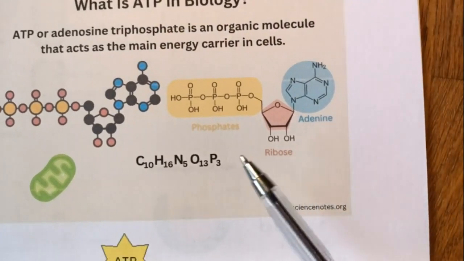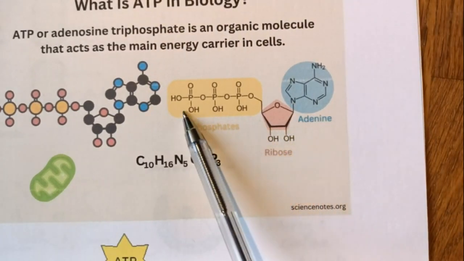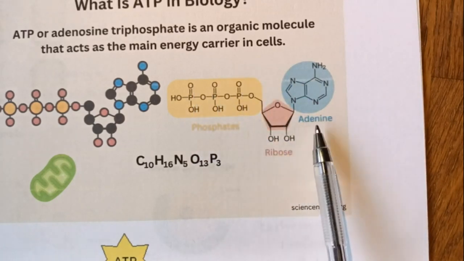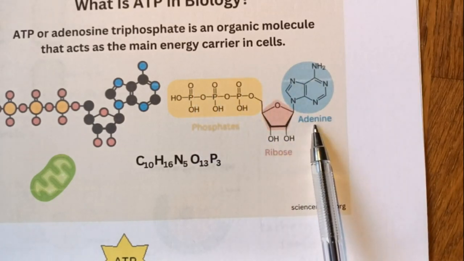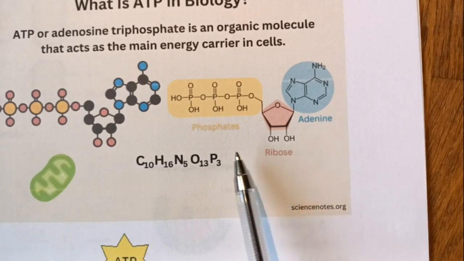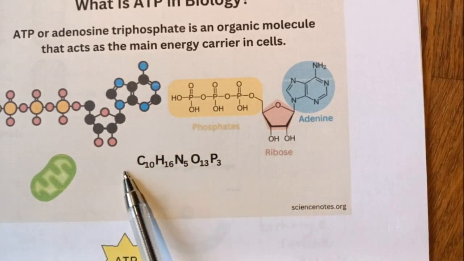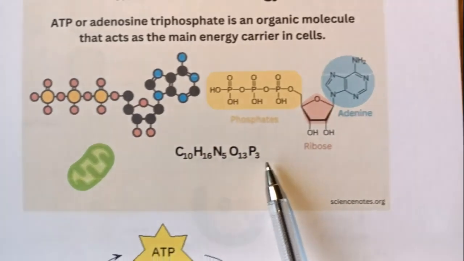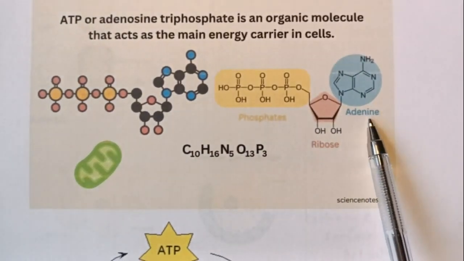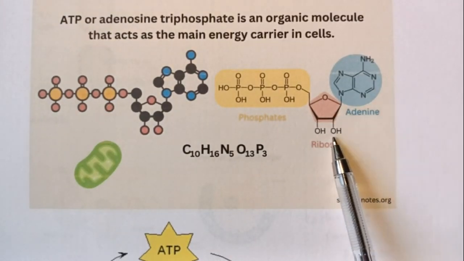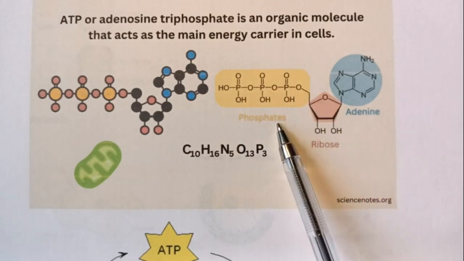So this gives the chemical structure of the ATP. So it is adenine, ribose, and phosphates. Okay, you don't need to remember this chemical formula, but remember there is adenosine, that is adenine, and then ribose, and there is a phosphate element.